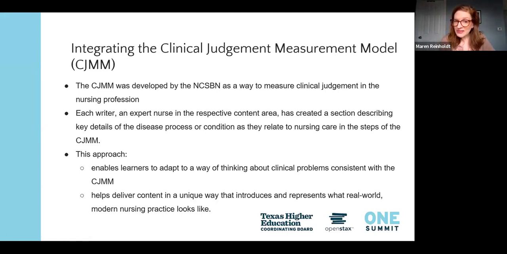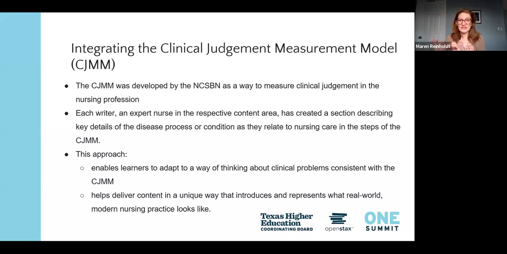To integrate the CJMM into the text, as the content leads, we created an outline for the nursing care associated with each disease exemplar or condition that we discussed in the book. This outline contained a section for recognizing and analyzing cues, prioritizing hypotheses, generating solutions, and taking action.